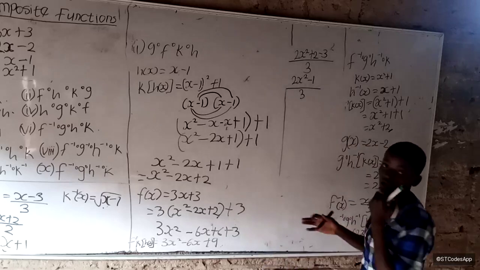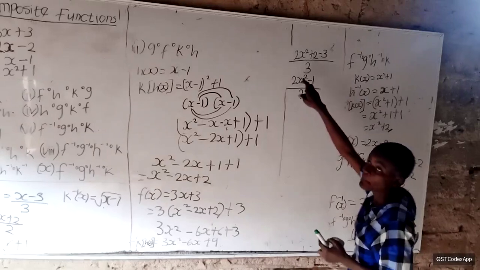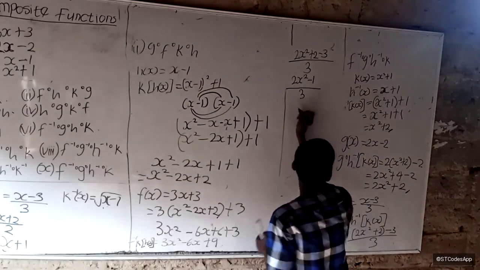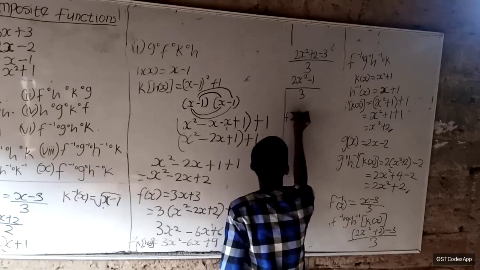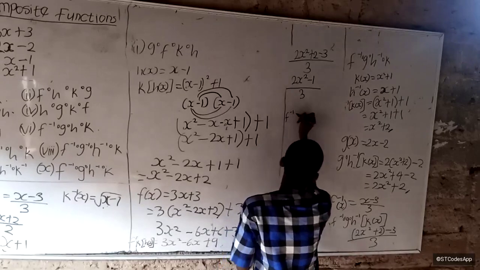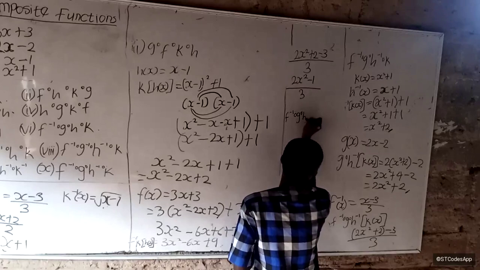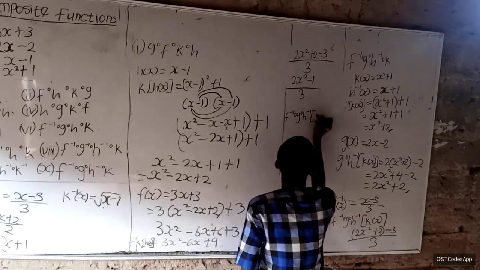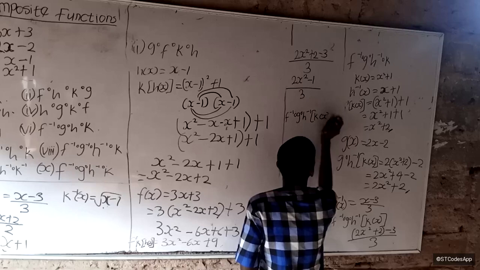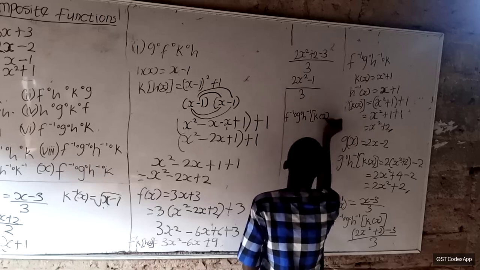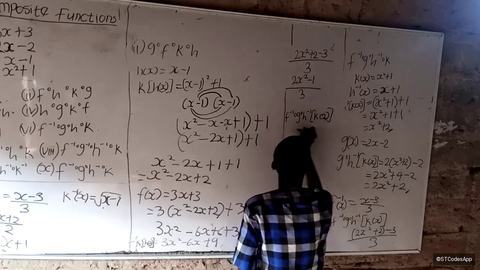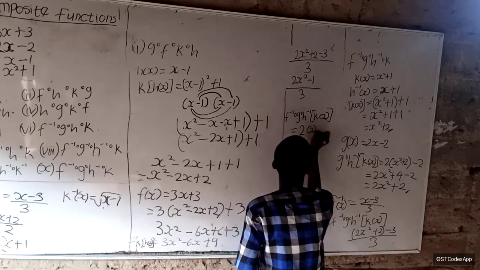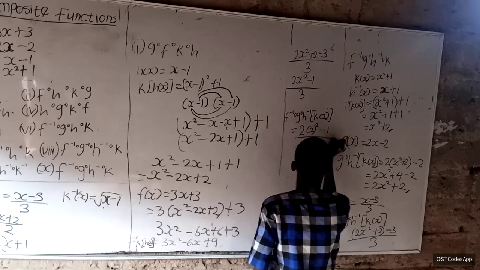So we are going to plug 2 in as the value of our x. So we say the f inverse of g of h inverse of k of 2 equals 2 into bracket 2 to the power of 2 minus 1 over 3.